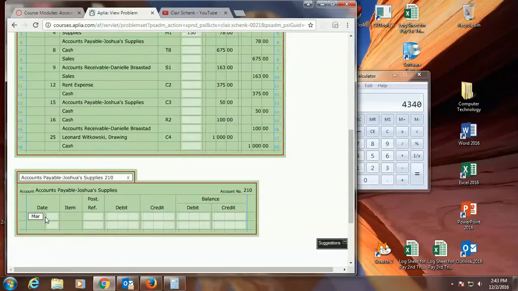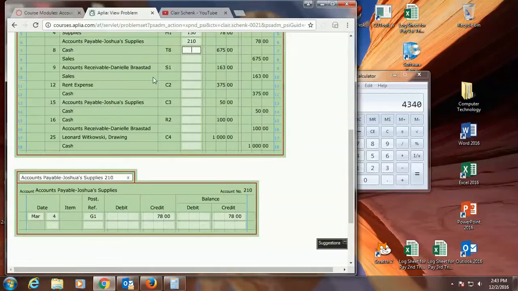There we go, March 4th. The post reference is G1, referring back to my journal on page 1. This time it's a credit of $78. There's not any balances, so my balance is now $78 for my accounts payable. And then I record the 210 in my post reference column.